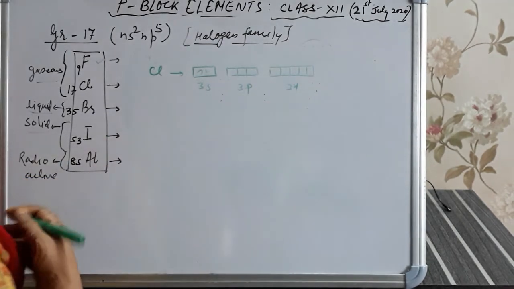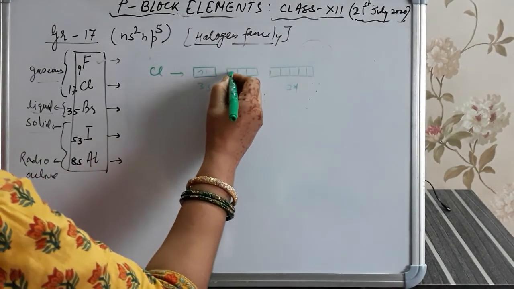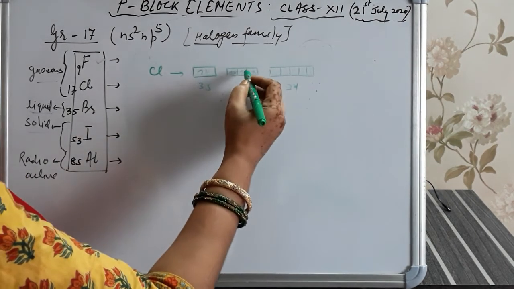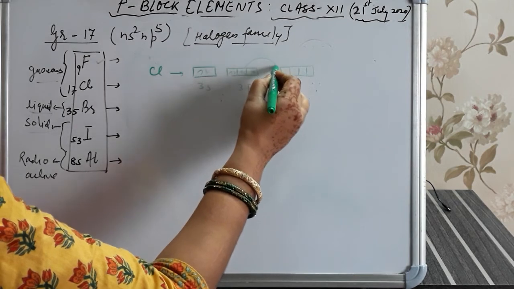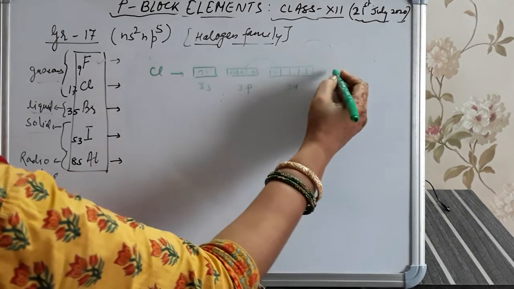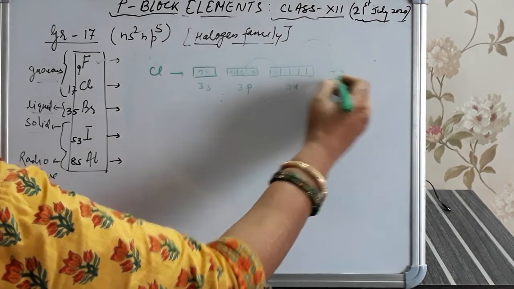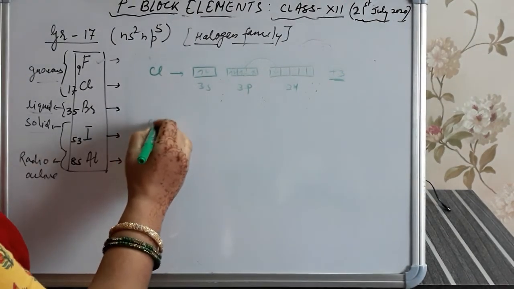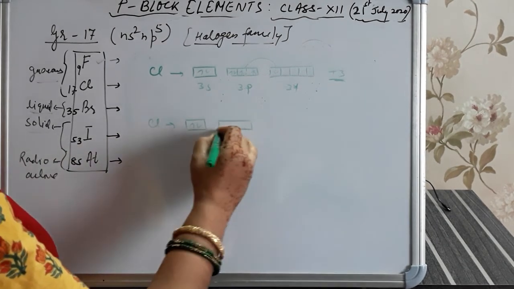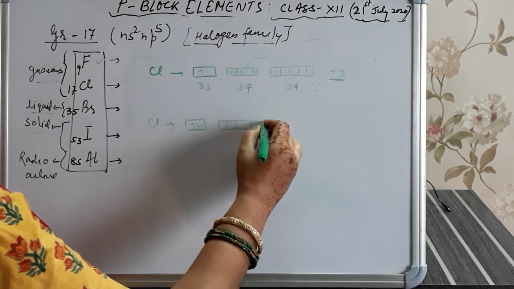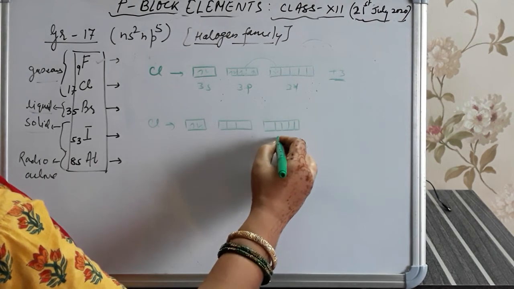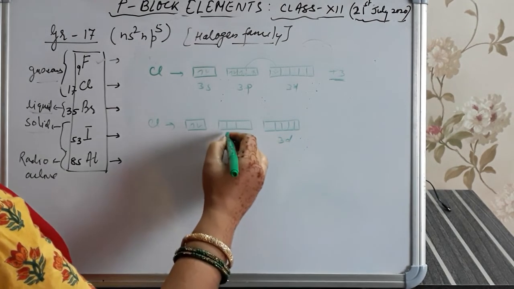In the excited state, suppose this electron goes onto this orbital, so it has 1, 2 and 3 unpaired electrons. In that condition it shows the +3 oxidation state.